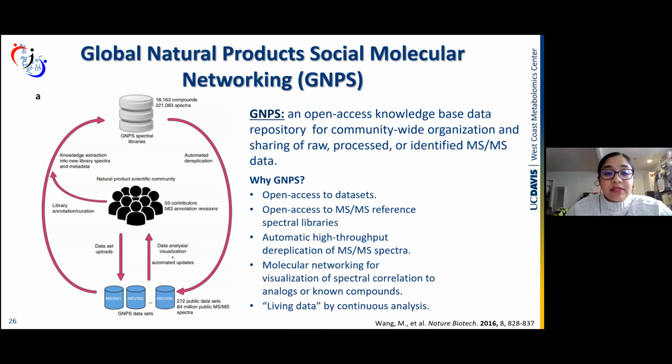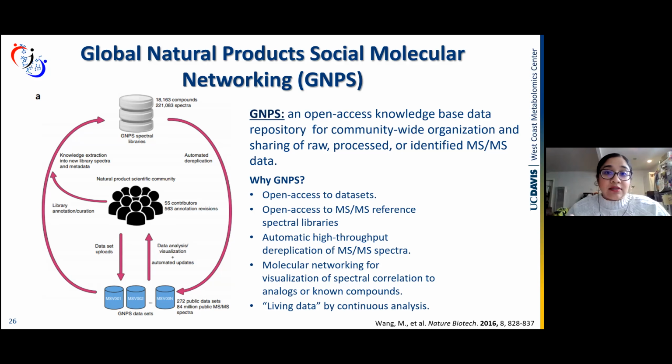And there's something called living data by continuous analysis. So this is something unique to GNPS. You can submit your data overnight. Let's say you're a grad student, and in the morning, you'll get a text message or an email notification saying, hey, we've identified 10 compounds, and you can go take a look at your identifications. So it's really nice.